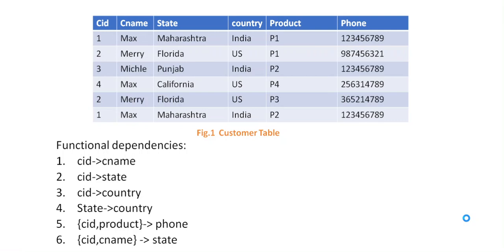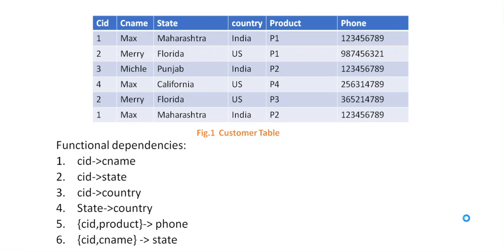The product is P2 and the phone number is the same, but this combination of customer ID and product is different. So customer ID and product determines phone. This is a valid functional dependency. Similarly, customer ID and customer name determines state. When you say customer ID 1, customer name Max, this combination is determining state Maharashtra.